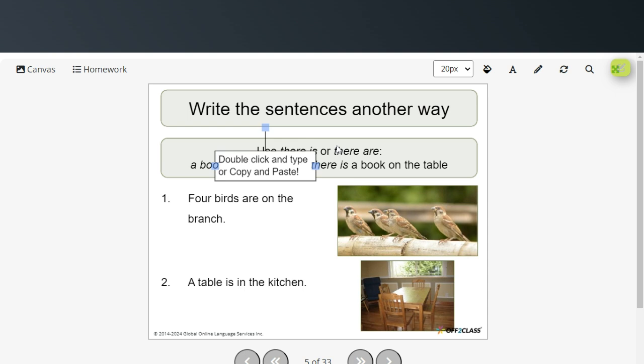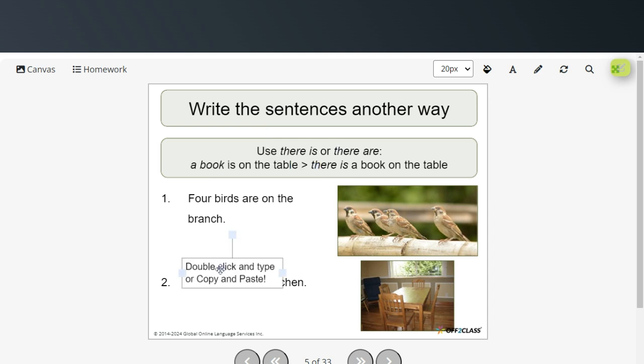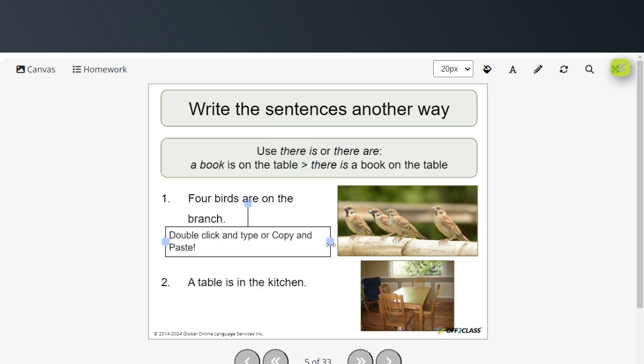Right, 4 birds are on the branch. So you could also say there are 4 birds on the branch. A table is in the kitchen.